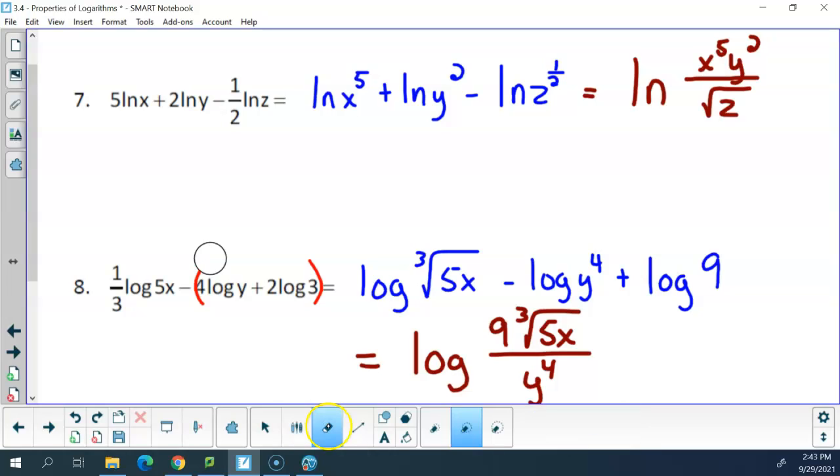Without that set of parentheses there, it's upstairs. Okay. Questions, comments, concerns, clarification?